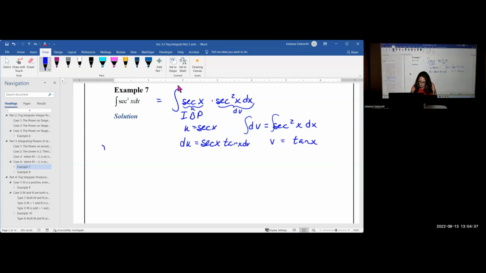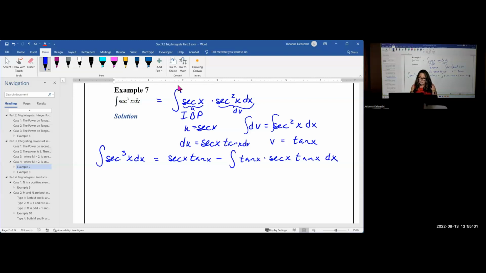So that's the pattern for integration by parts. Coming over here, the integral of secant cubed of x dx is equal to secant x times tangent of x, that's u times v, minus the integral of v, tangent of x, times du, secant of x tangent of x dx.